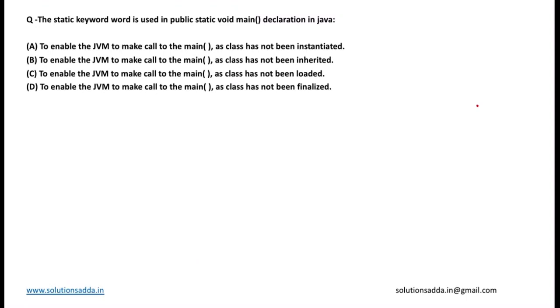This is a question from Java. The static keyword is used in the public static void main statement in Java to enable the JVM to call the main, as the class has not been instantiated, inherited, loaded, or finalized. So we need to find the significance of the static keyword.